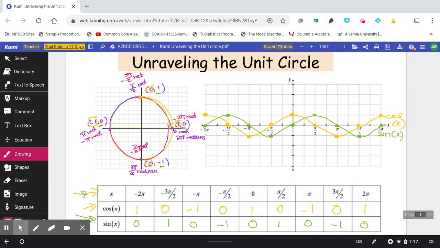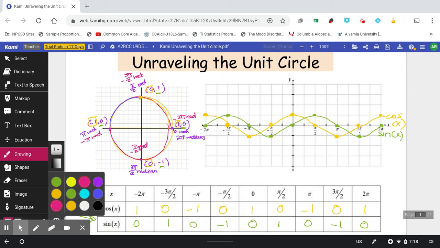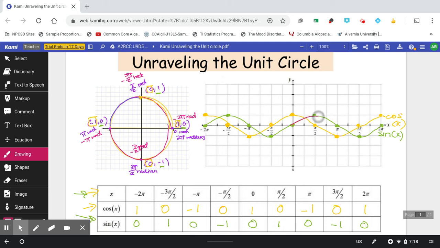Okay? All right. So if you look at one complete cycle of the sine function, what the sine looks like is this. Notice that the sine starts right on the origin.